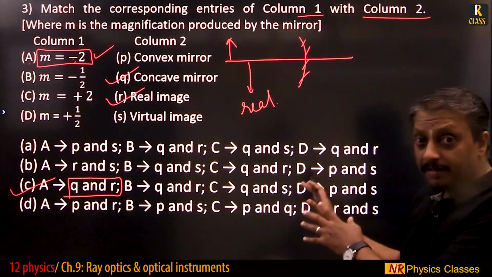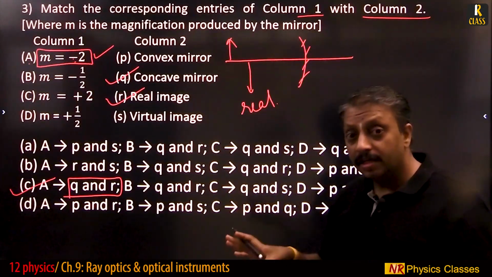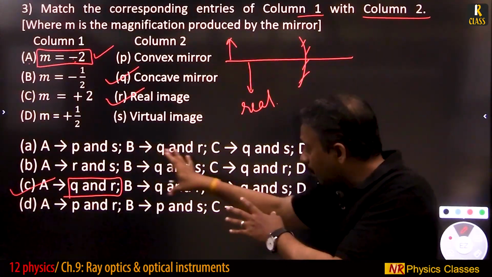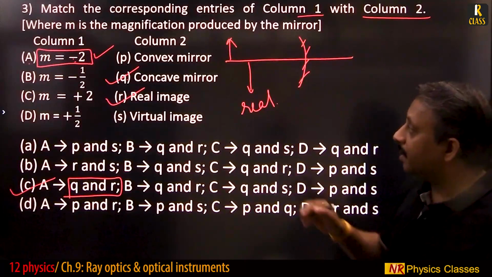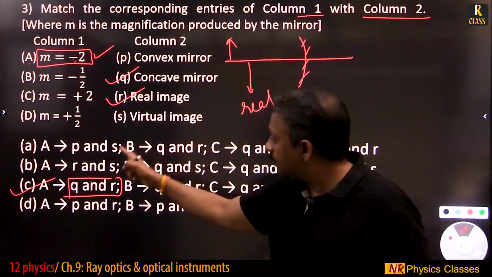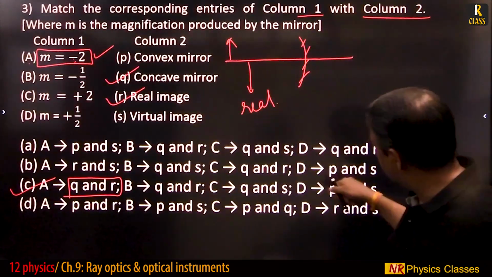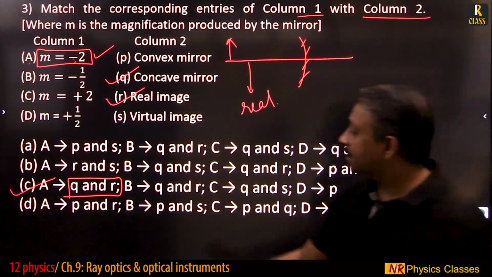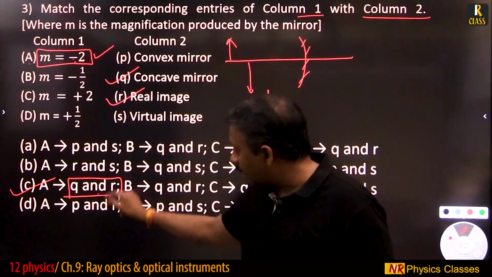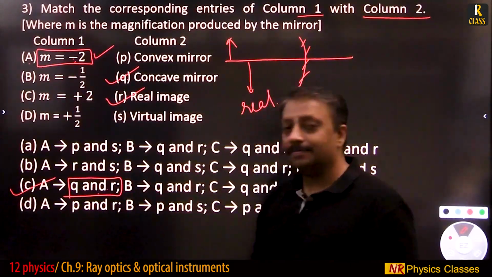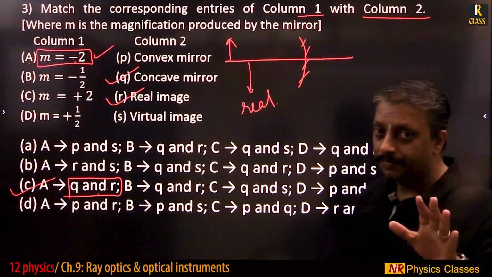It looks really scary because we think that we have to check all the possibilities. But if you start from 1, then you can easily pick, because A has few options, B also has, C and D. Since this is matching, none of the others are matching, so this should be the answer. Hope you understood.